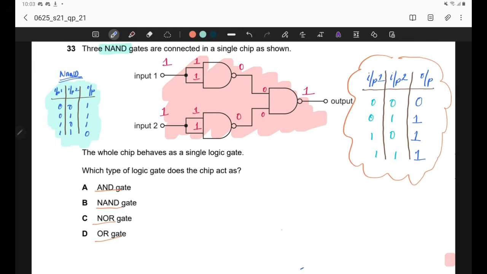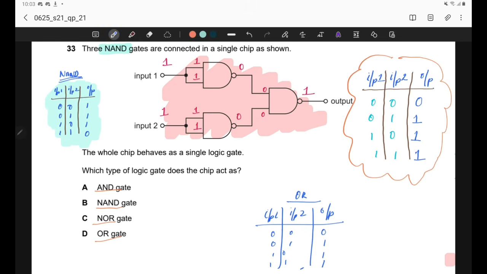If you know the truth table of OR, for the different input combinations, what will be the output? Focusing on the OR truth table, for the possible input combinations 0, 0, 0, 1, 1, 0, 1, 1, the output is 0, 1, 1, 1.